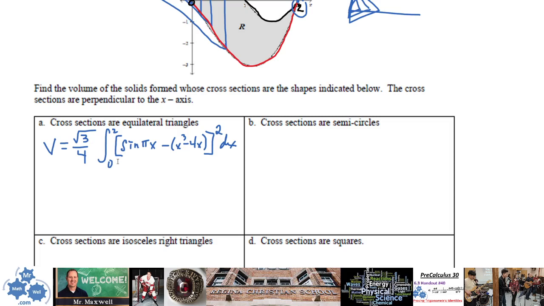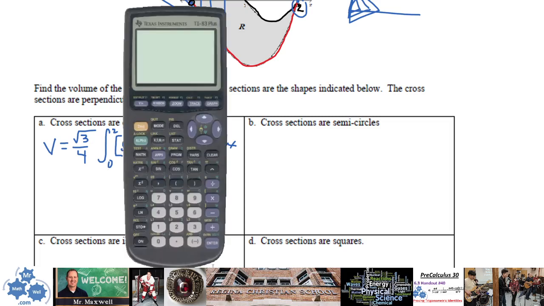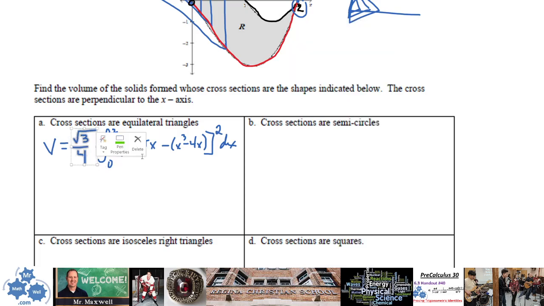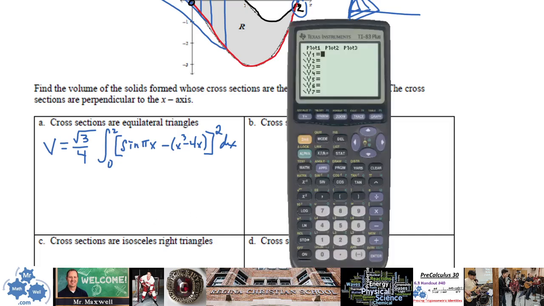So what we're going to do is do this on the graphing calculator. If you have a graphing calculator or graphing technology, then we're going to use that. What I would suggest we do is plug in the root 3 over 4 times this all squared and graph it, and then we'll calculate the integral that way. So I'll just pause the video here, and I'm going to type that in so I can show you what it looks like, okay?